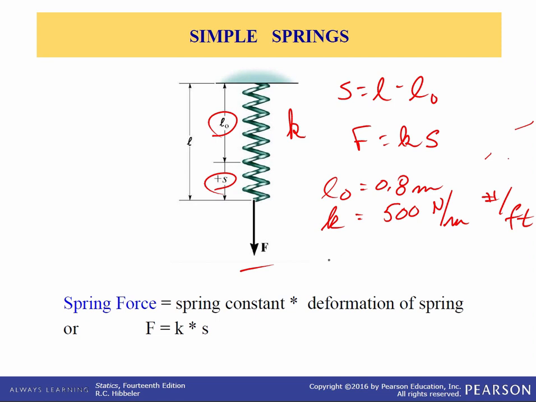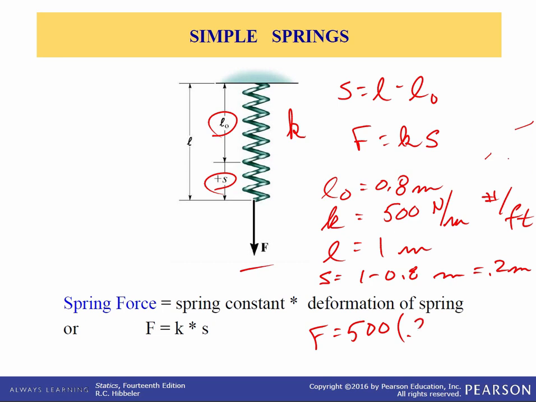And now if it's stretched to a length of L equal to 1 meter, then S is equal to 1 minus 0.8, right? And that would be in meters, which is 0.2 meters. So the force F is equal to K, which in our case is 500, times S in meters, which is 0.2. So the force is 100 newtons.